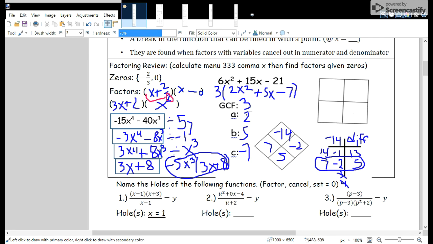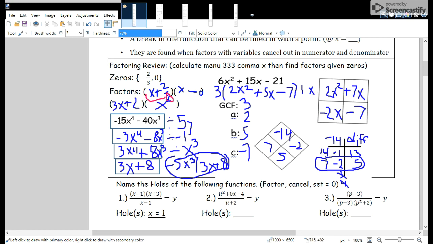A is not 1, so we're going to go on to the box. First term, first box, 2x squared. Last term, last box, negative 7. These two middle boxes are your two found numbers: plus 7 followed by an x, minus 2 followed by an x. The greatest common factor of 2x squared and 7x is x, so you take out the x.